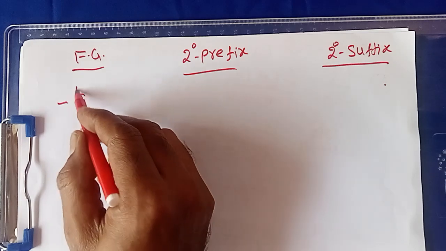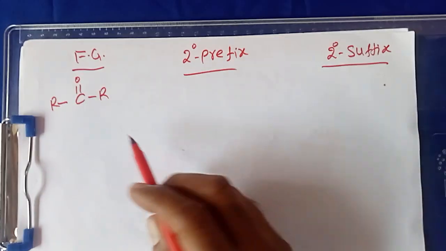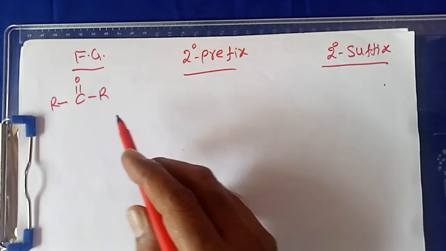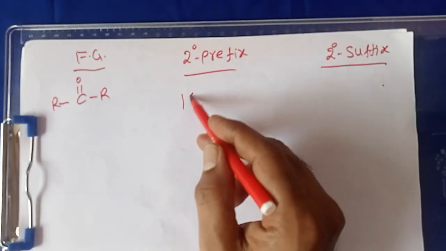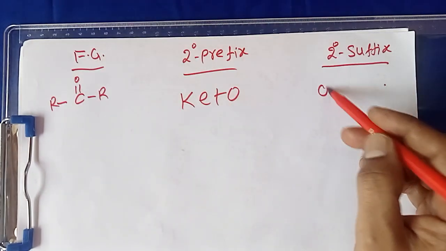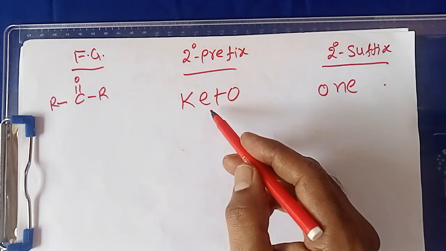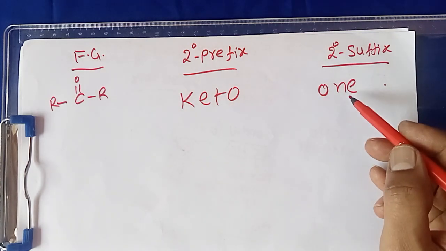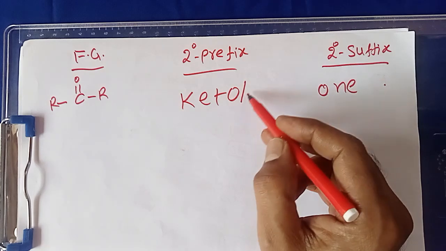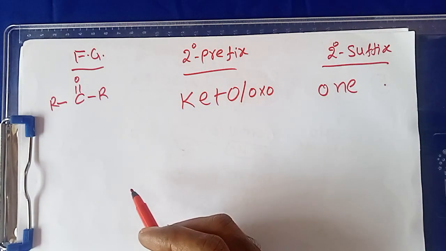Then C double bond O, R and R. This is ketone. What is the ketone spelling? Keto. Again O letter repeated. O-N-E. Ketone. Keto is the secondary prefix. ONE is the secondary suffix. Simple. Sometimes oxo is also used for this secondary prefix.